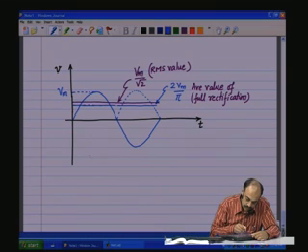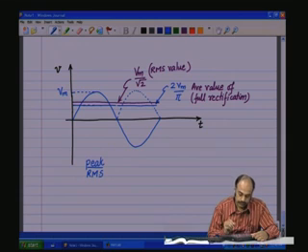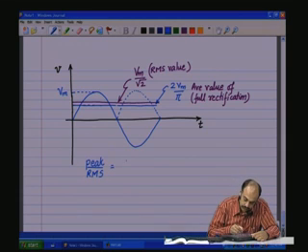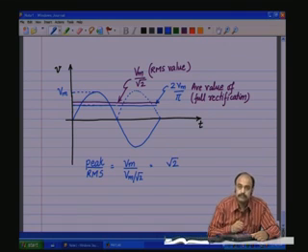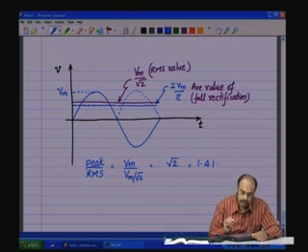One definition is the peak value by the RMS value, root mean square value, which is, let us say, Vm by Vm by root 2, which is root 2, which is 1.41 approximately.